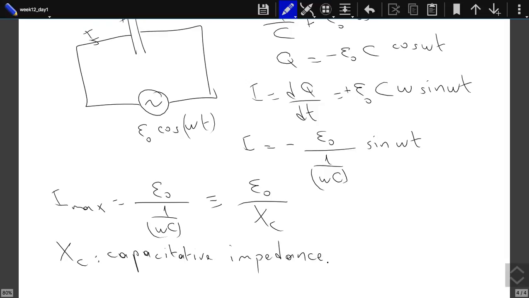When the EMF is maximum, the current is a minimum. When the EMF is a minimum, the current is a maximum. So the maximum of the current and the maximum of the EMF don't happen at the same time.